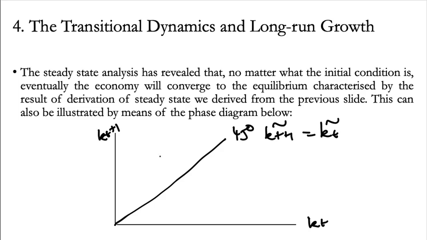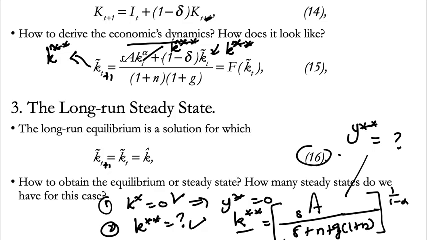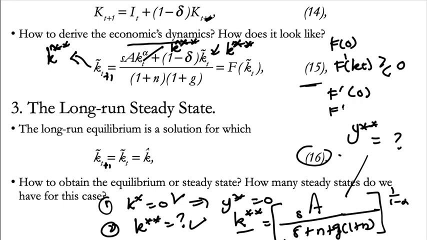Now, if you try to draw based on this first order difference equation, you check what happens to f(0), you check what happens to f prime(KT), is it positive, negative, and then you check what happens to f prime at 0, and f prime as KT increases largely to infinity. Then you can see that, this one I won't show you, but you have to do it on your own.